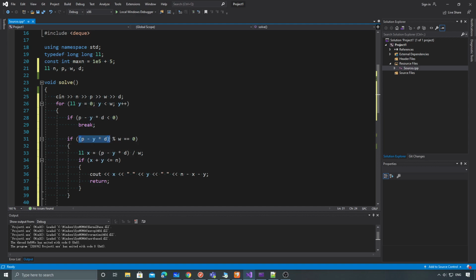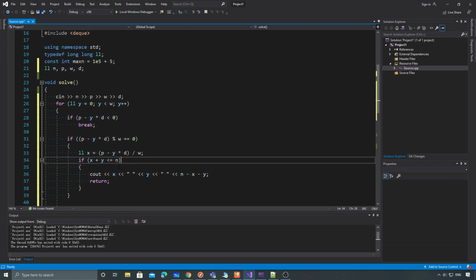we can simply start from 0 to search for Y. So the first Y for which P minus Y times D can be divided by W will be our best possible answer. And if that answer is still greater than N, then we know we will not find a better answer for this problem, because while Y is increasing, X plus Y will only get bigger and bigger.